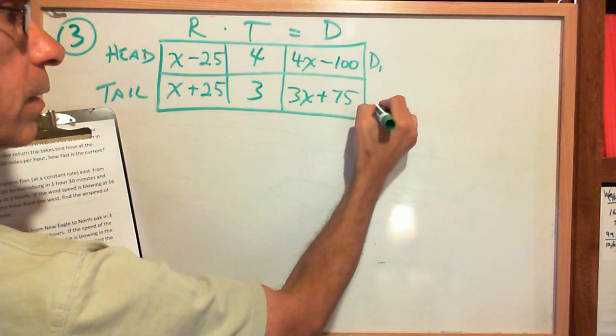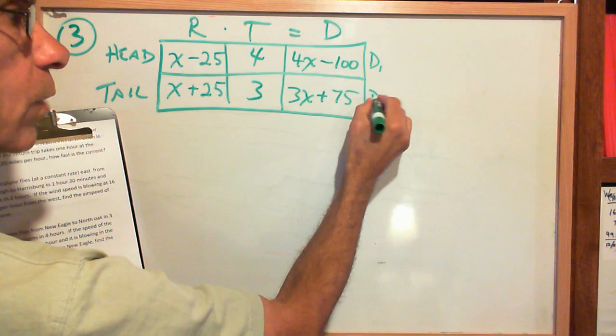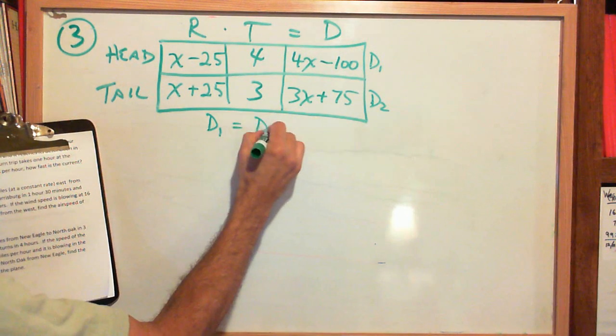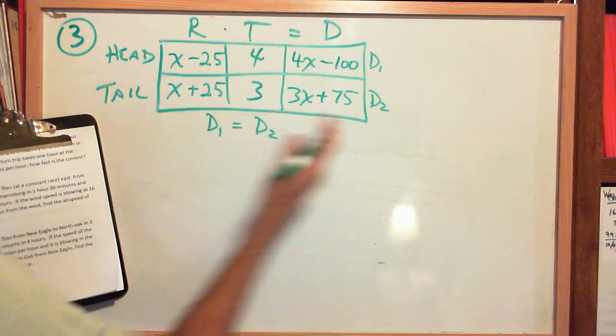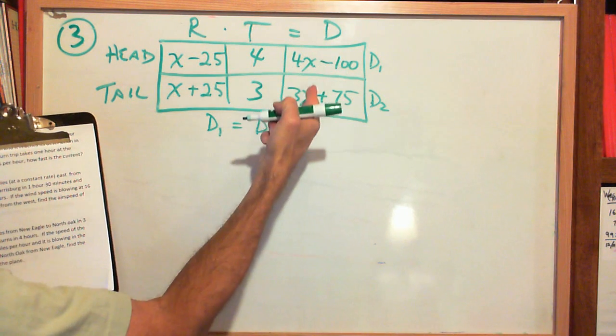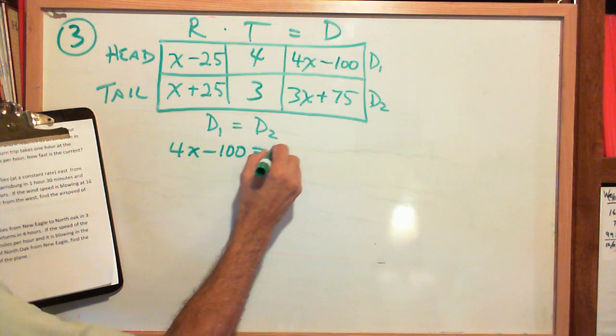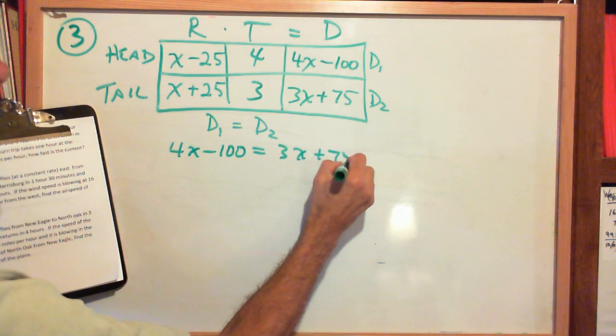That's my D1. That's my D2, my distance 1 and distance 2. Remember, D1 is equal to D2 because I go from A to B and then B to A. So I just have this equal to this. So I do 4x minus 100 is equal to 3x plus 75.